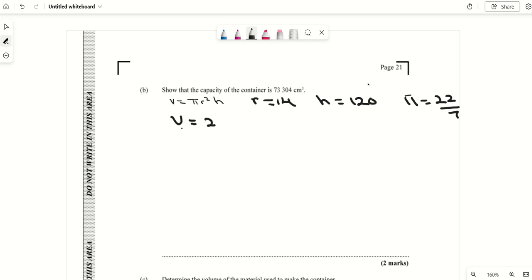Volume is equal to 22 over 7 multiplied by 14 squared, multiplied by 120. You can put this exact same thing in your calculator, and you are going to get the same answer.